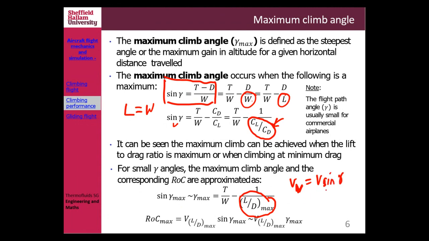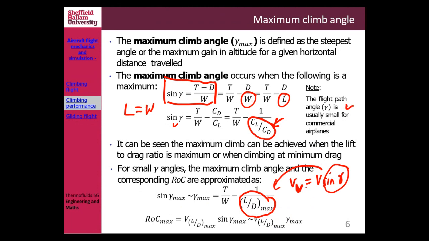Then the sine gamma you replace with this, then you get V at lift to drag maximum multiplied by gamma maximum. In this case, again, we assume that gamma is quite small.